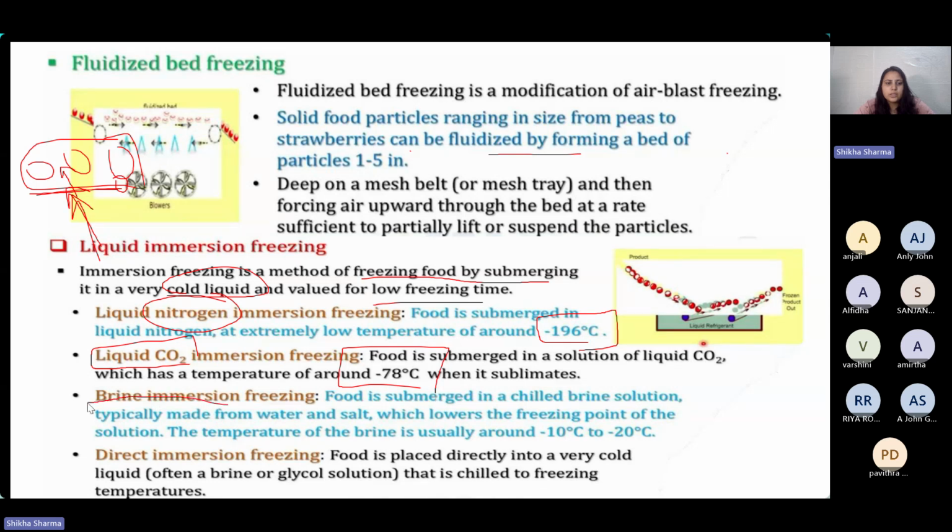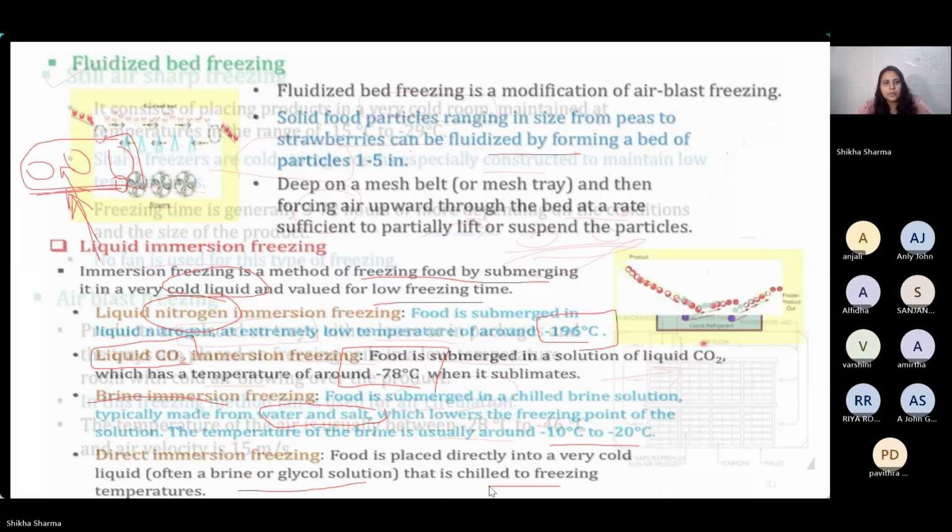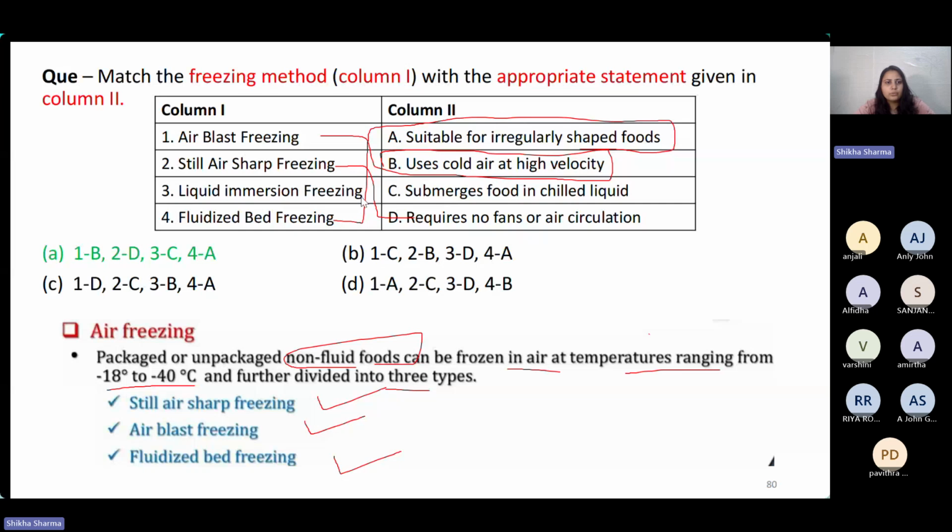And sometimes we use a brine solution, a water and salt solution, at around minus 10 to minus 20. In direct immersion, we use brine or glycol solution, and the food is placed directly into these liquids. So liquid immersion freezing submerges the foods in chilled liquids. So A is correct here.